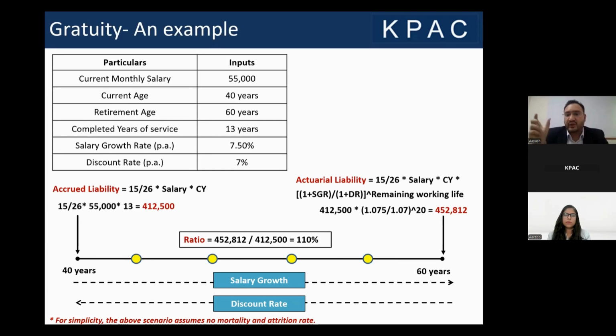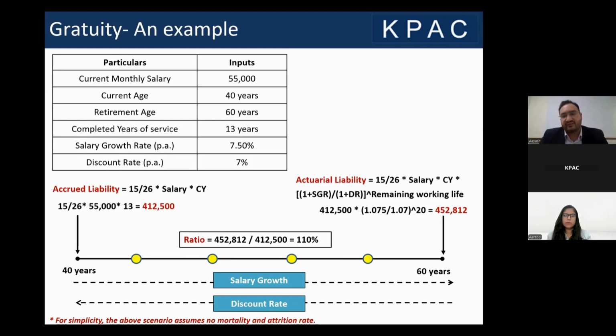Thus, the formula to arrive at the actuarial liability would be the current accrued liability multiplied by (1.075 divided by 1.07) raised to the power 20. Since we are escalating the liability at the salary growth rate assumption, we have kept the salary growth rate in the numerator, and the discount rate, since we are using it to calculate the net present value, is the denominator.